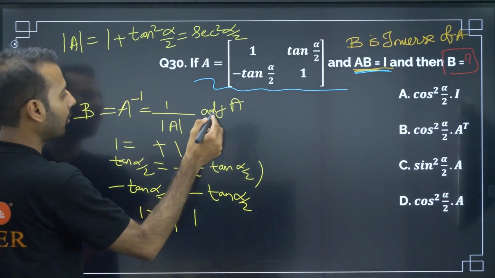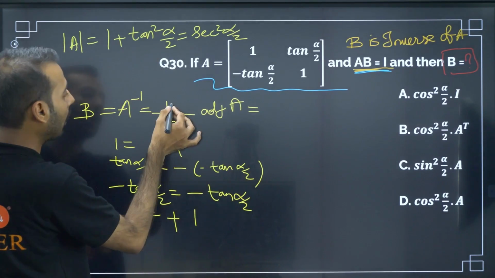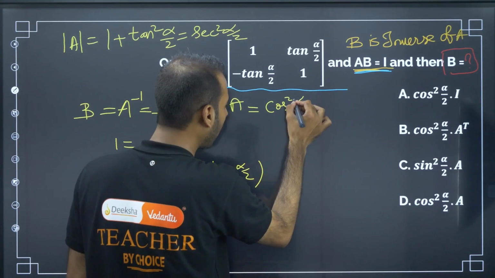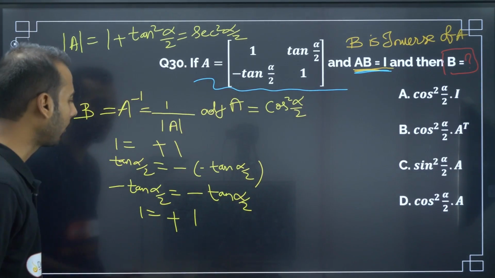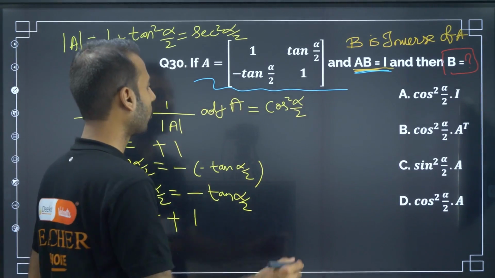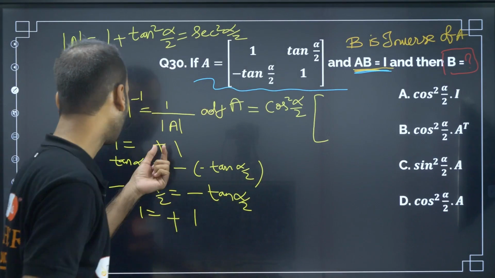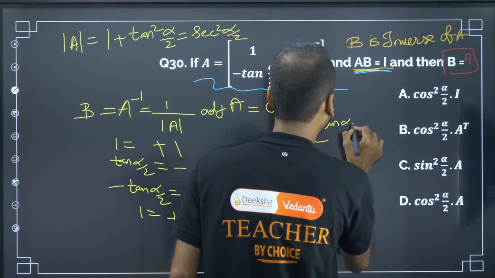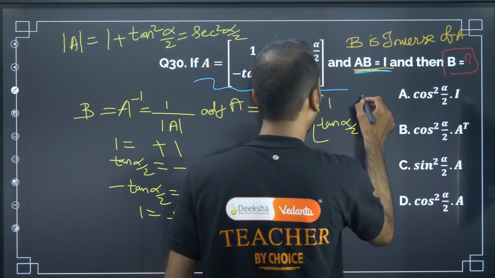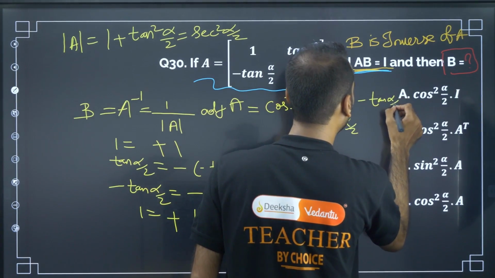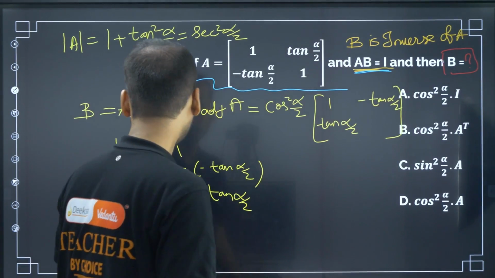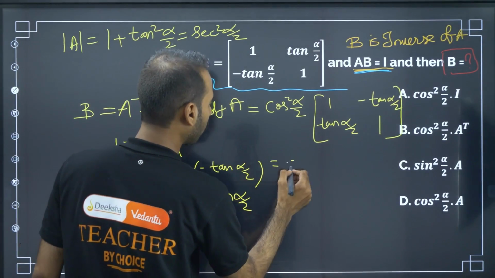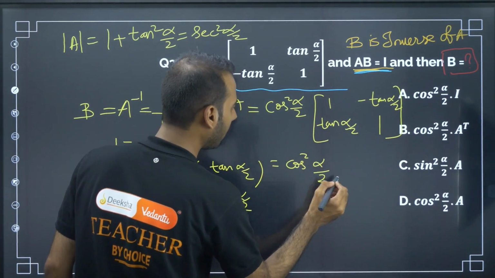So A inverse is equal to 1 by det A, and det A is secant square, so this becomes cos square alpha by 2 times the matrix 1, minus tan alpha by 2, tan alpha by 2, 1.